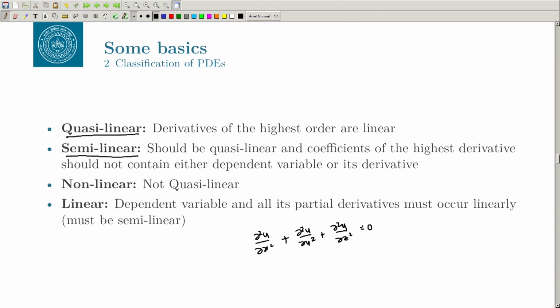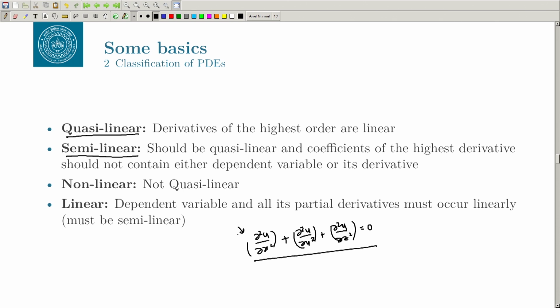If you look at this expression, what are the derivatives of the highest order? Here they are all of the same order, but you can have other terms also. If they are linear, then it is a quasi linear equation. So, this is a quasi linear process.